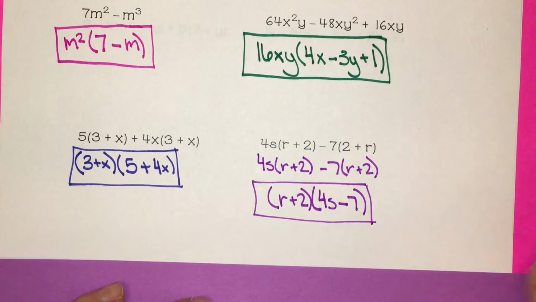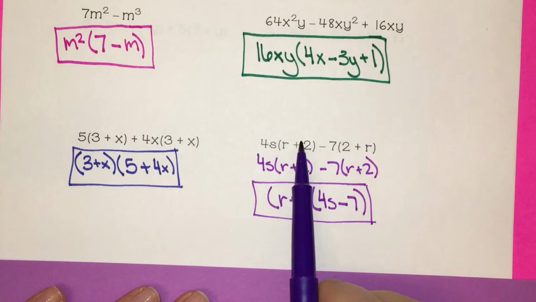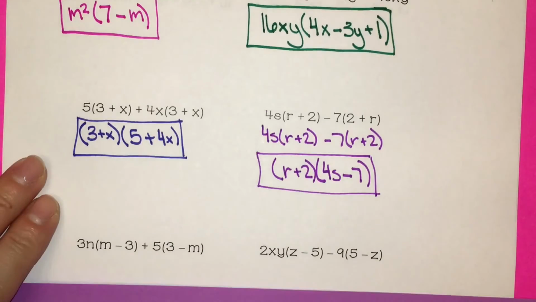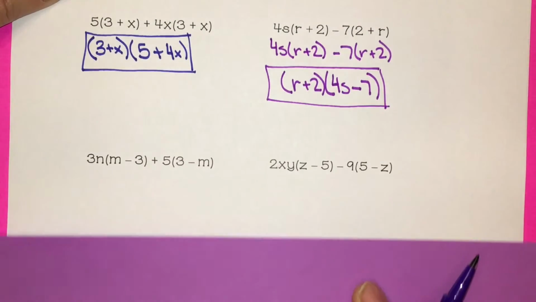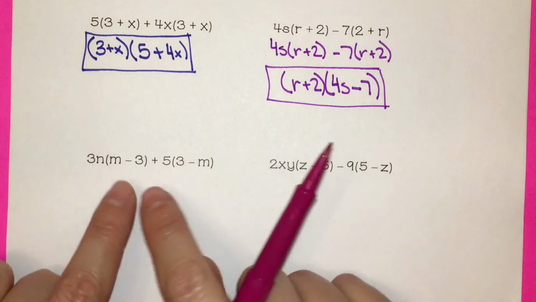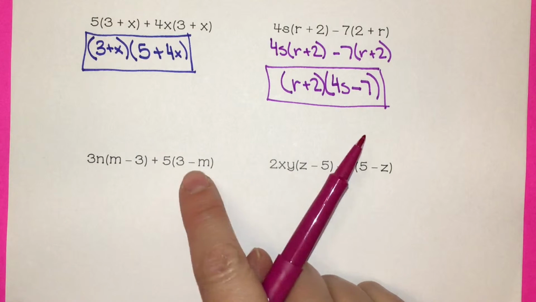Okay, so if you multiply this out and simplify it, multiply this out and simplify it, you'll get the same answer. All right, now these ones are a little more complex. The reason that they're a little more complex is this one's m minus 3, 3 minus m.